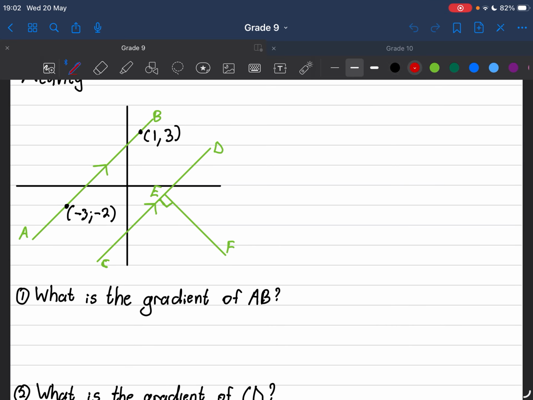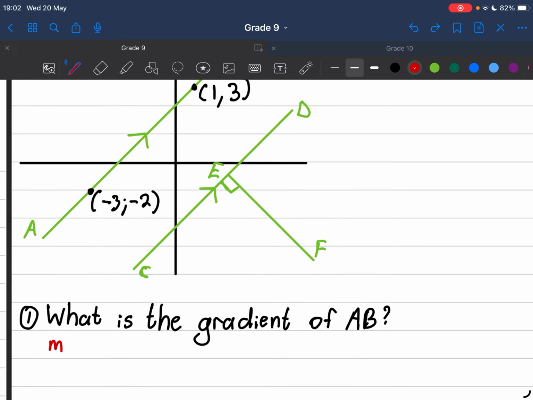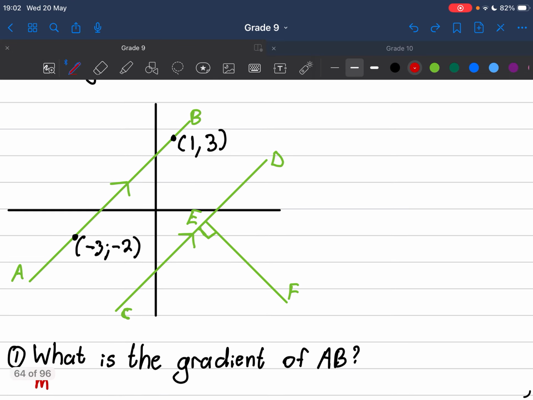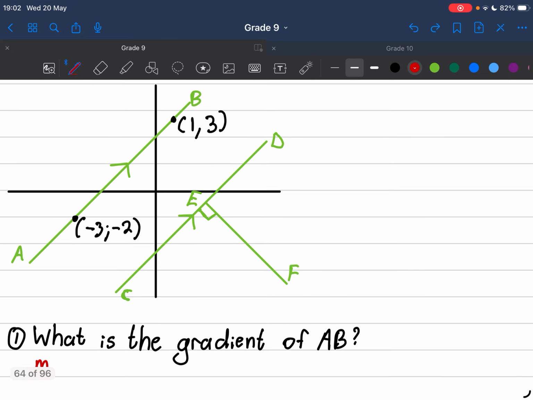It's m is equal to y2 minus y1 over x2 minus x1. I want to make a note at this point. Whenever you use the gradient formula and there are multiple lines in your question, let's specify what we're doing. So m of AB, meaning the gradient of AB, is equal to y2 minus y1 over x2 minus x1.